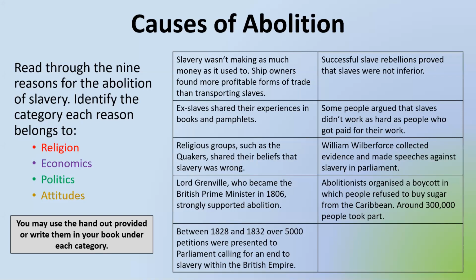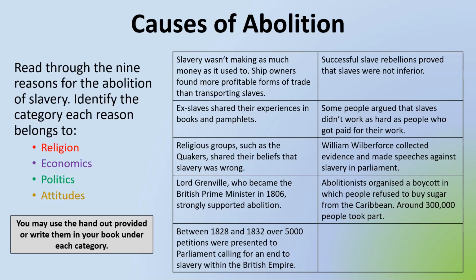Or if you want, you can write each of the different categories, so religion, economics, politics, attitudes, and then write the reasons under the different category. I will leave it completely up to you how you would like to complete this activity. Read through the 9 reasons as to why there was the abolition of slavery, and then just identify which category the reason belongs to.